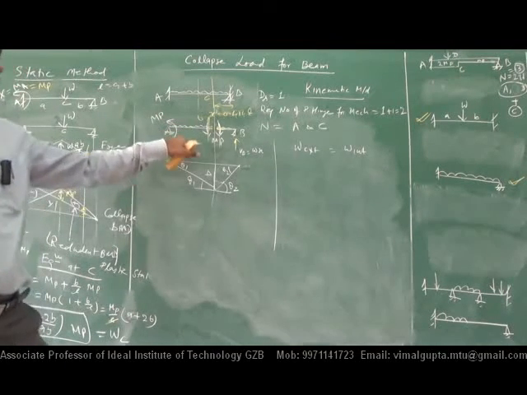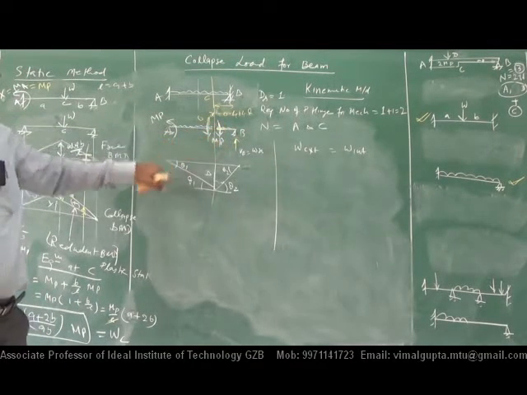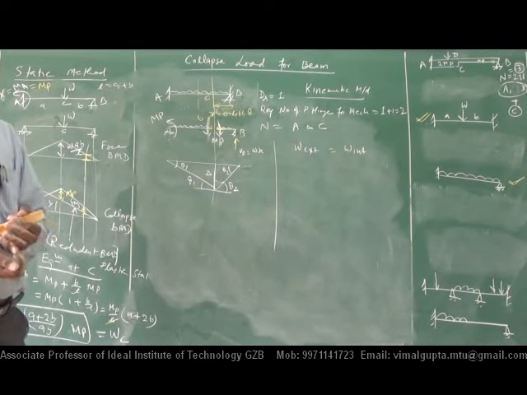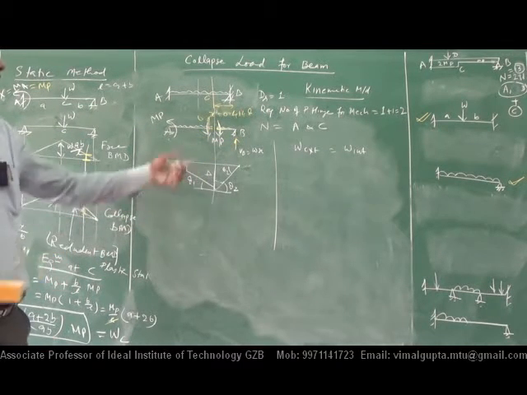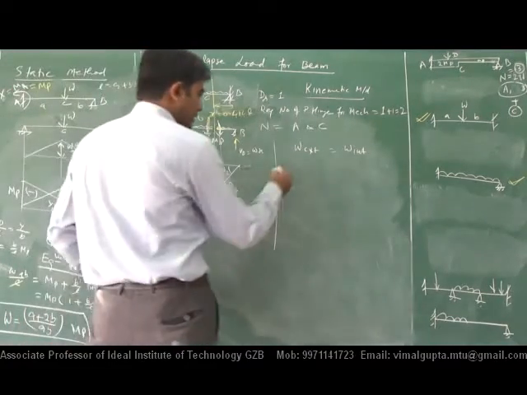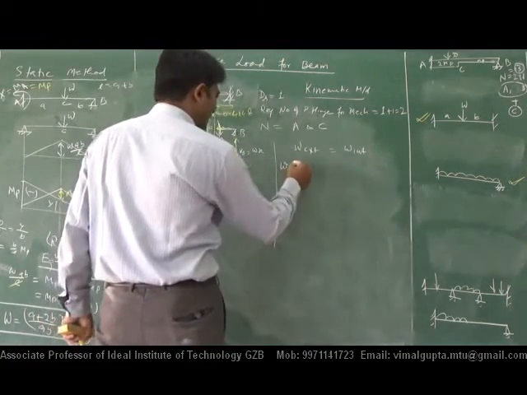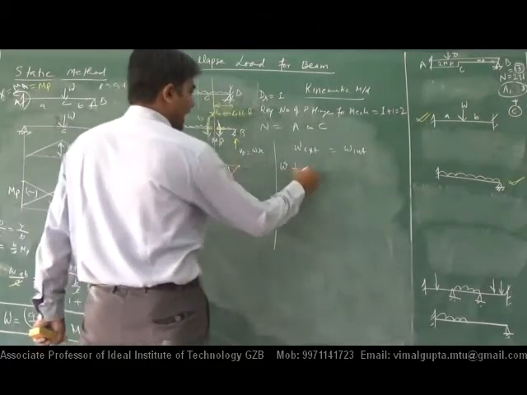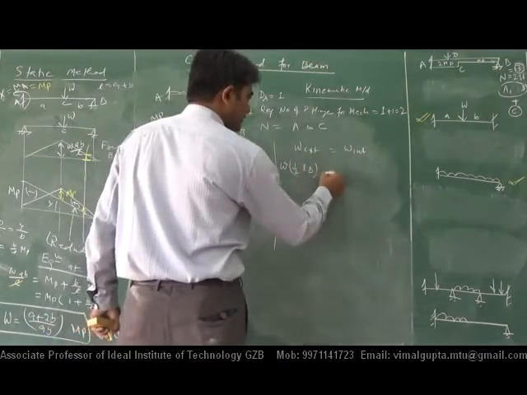What is the value of external work done here? W into the covered area. So it is small w into area. Area is half L into delta. This is the covered area.